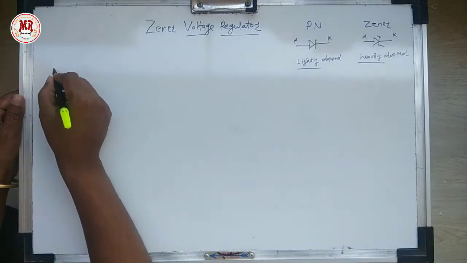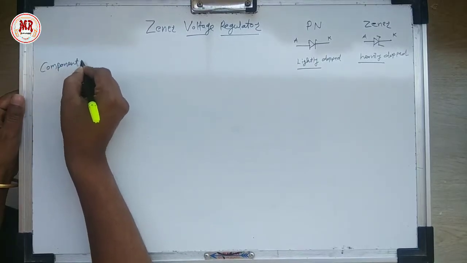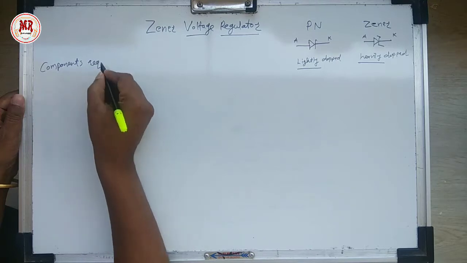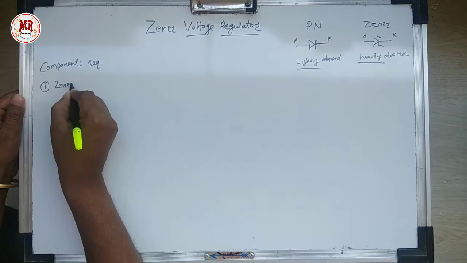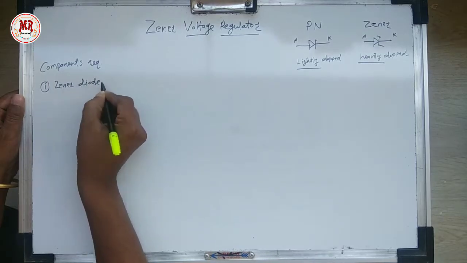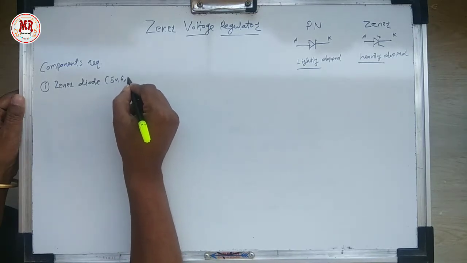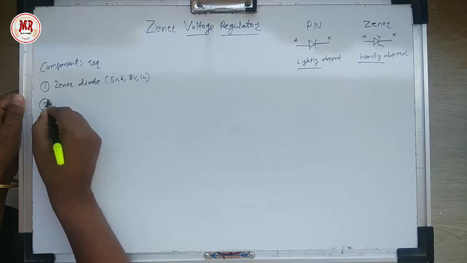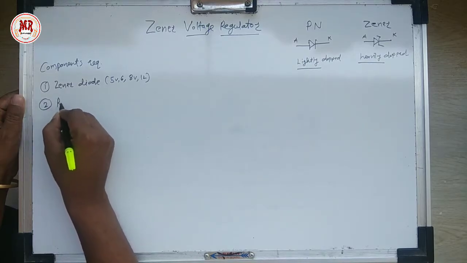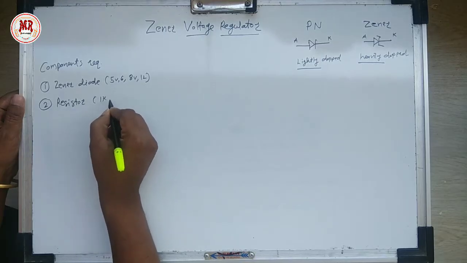Now components required for Zener voltage regulator. Very first is Zener diode. See, 5 volt, 6 volt, 8 volt, 10 volt, 12 volt, etc. Now second is series resistance, which is used to limit the current flowing through the circuit.